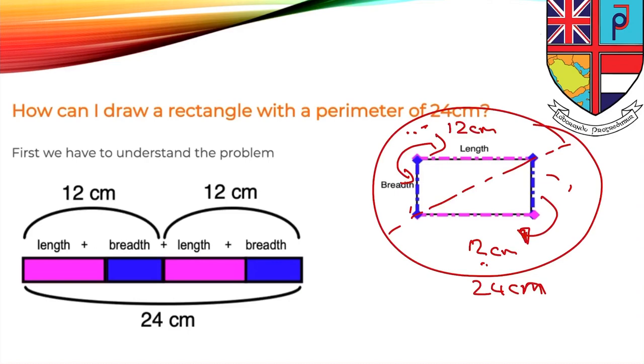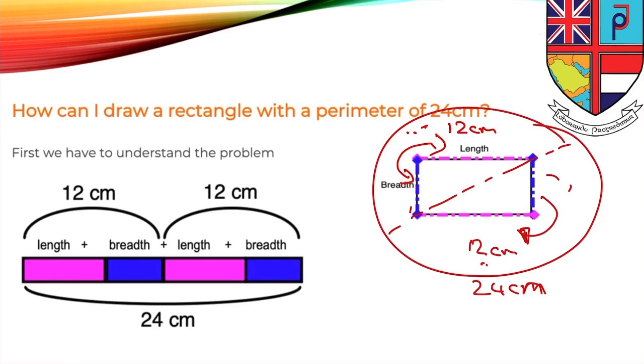What if we have a look at this part now? Okay, we're going to try and go through one way of working this out. So like I said before, we've got one long side and one slightly shorter side on each side, and that represents these two here. So these two need to add together to make 12 centimeters. So let's think of two numbers that add together to make 12.